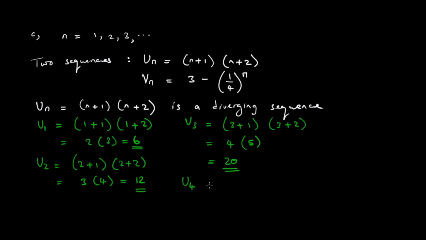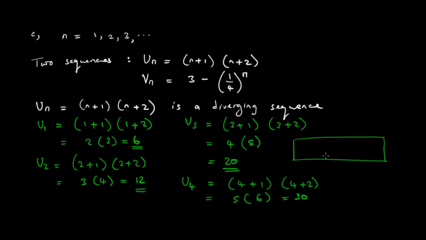Then u4 inenge iri 4 plus 1, 4 plus 2, that is 5, 4, 5, 6, saka 30. Saka mukatarisa sequence yatiri kugadzira panapa, ndi 6 12 20 30. Saka it's obviously a diverging sequence.